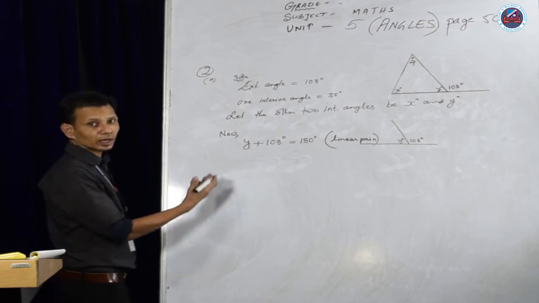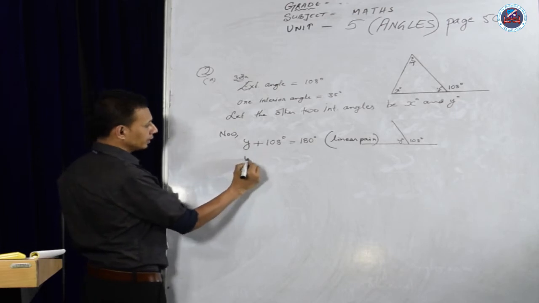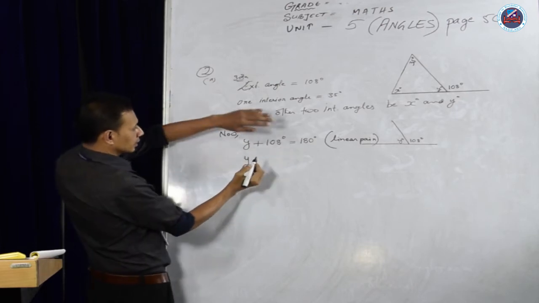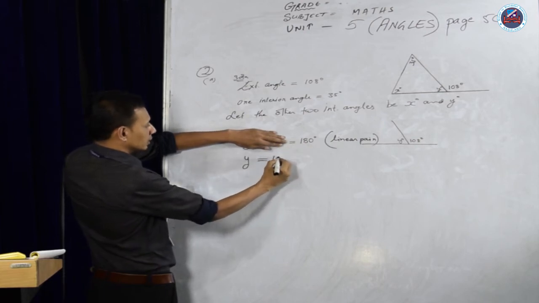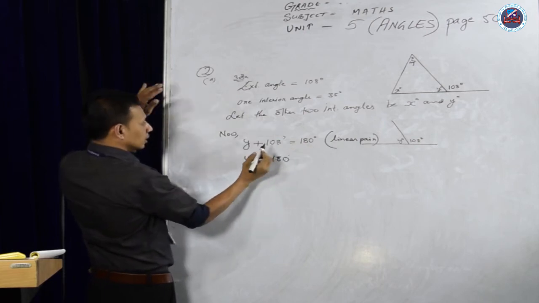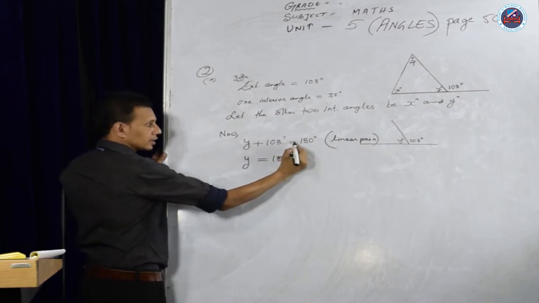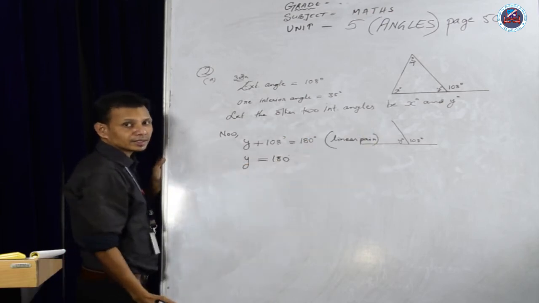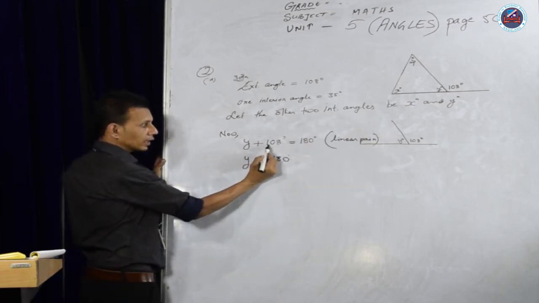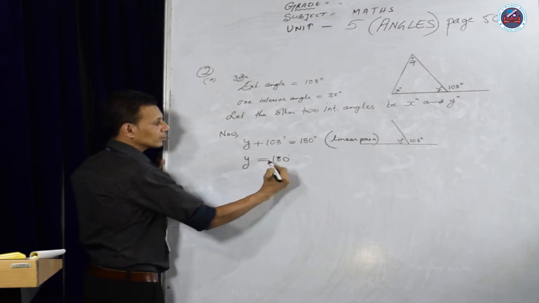Okay, let's work this out. I'm sure we'll get the value of y. You write y here, equals 180. Now plus 108 is on the left hand side. This is the left hand side and this is the right hand side. I'm going to take this 108 to the right hand side.